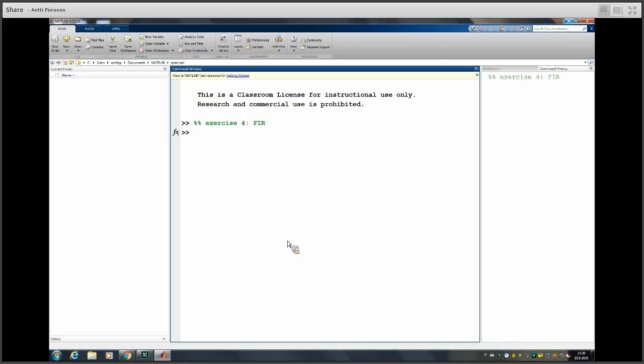Let's see what happens if we have the simplest one, which is the average filter. The easiest low-pass filter is an average filter, a running average. And we only have one parameter to fix there, which is the length of the filter.